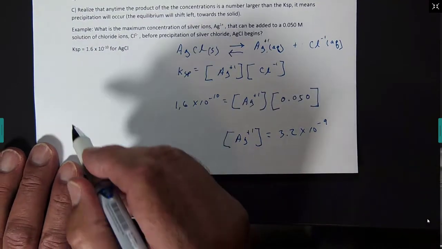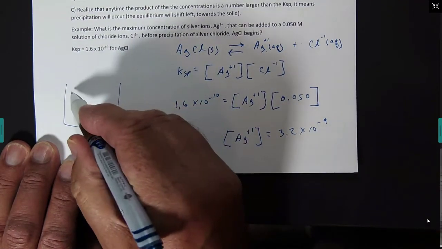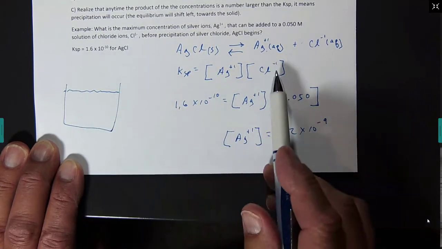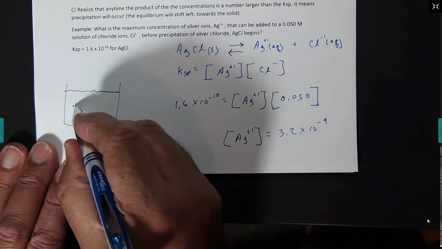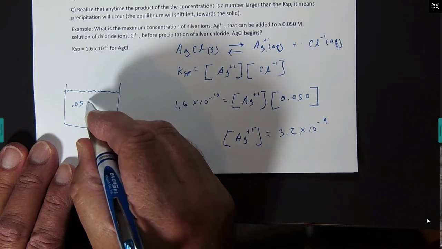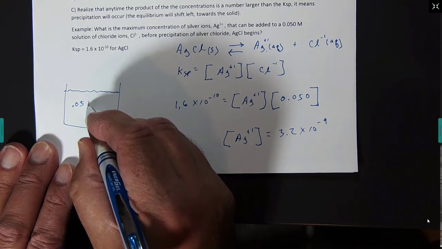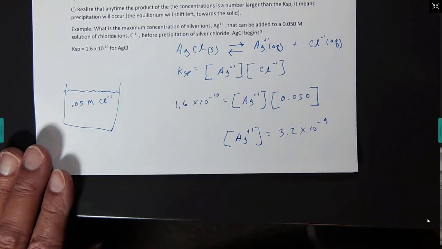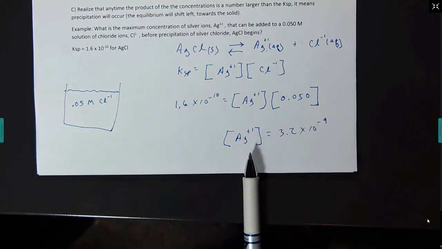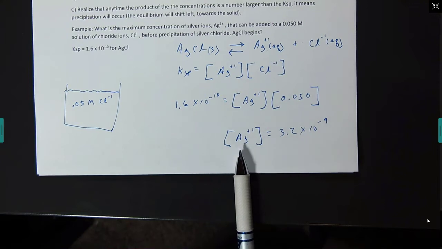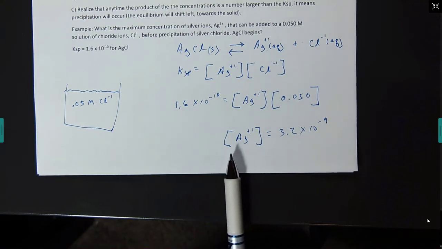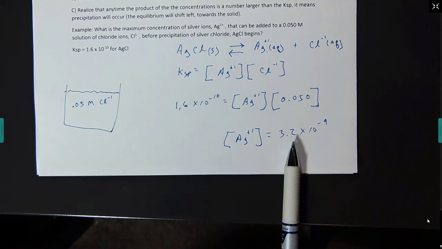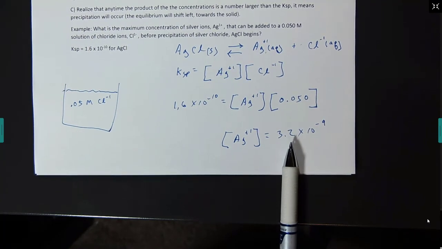So that's telling us that if we had a solution here, a beaker, with 0.05 of chloride, we can keep slowly increasing the concentration of silver ions. Once that concentration hits this number, it'll start to turn cloudy.